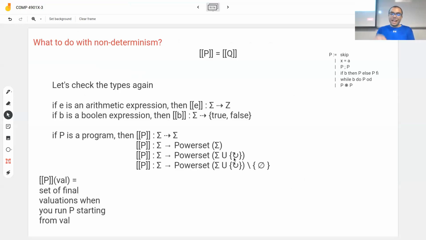So now the semantics of my program is even more complicated. But just to make it a little bit more complicated, I have to also remove the empty set from this, because now I have a different way of showing a non-termination, and I cannot have empty set there. I hope that makes sense.